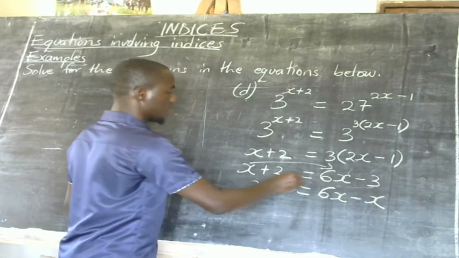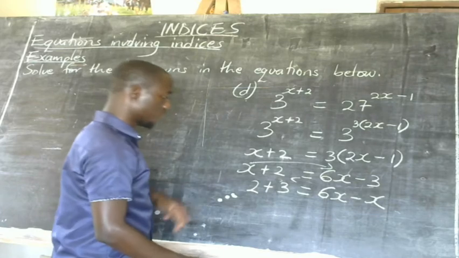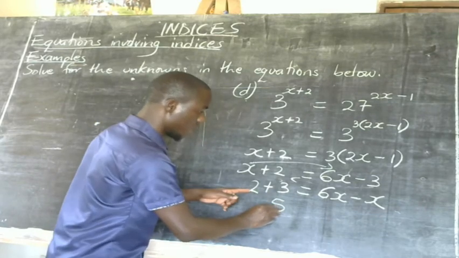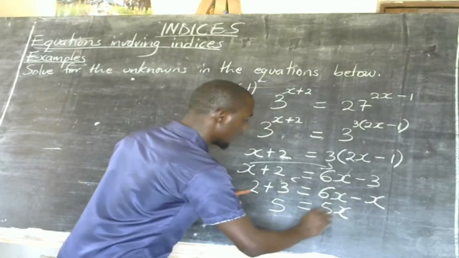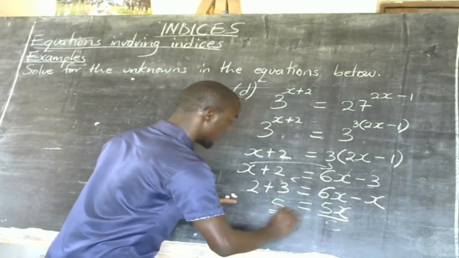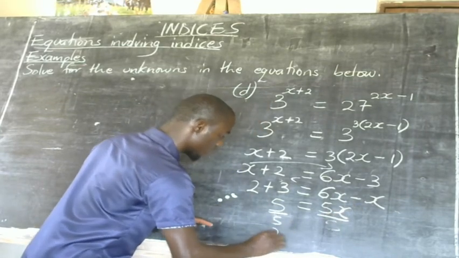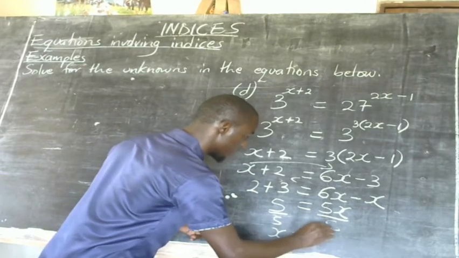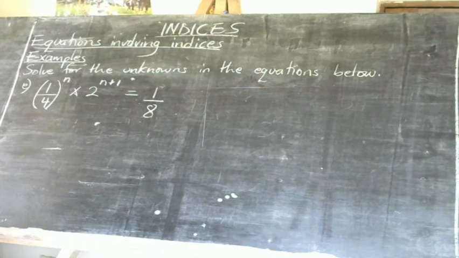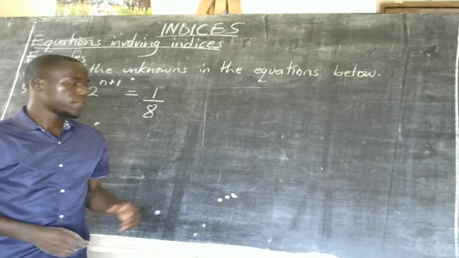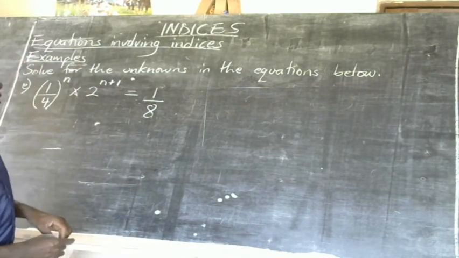Then this one coming this side takes up the positive. So this side I have a 5, and the other side I have 5x. Then I just need to divide both sides by 5 to get the value of x as a 1. Part D, we are still finding the unknown.